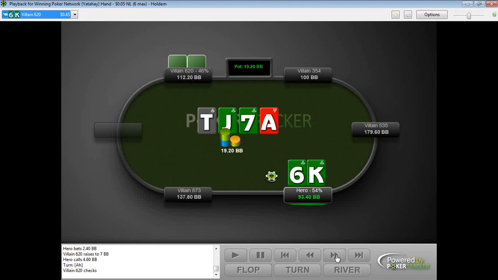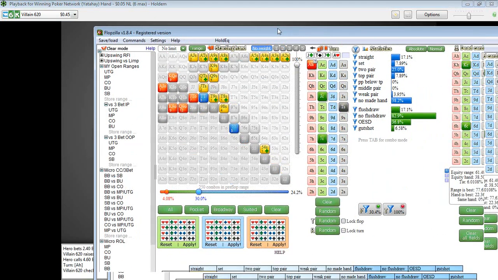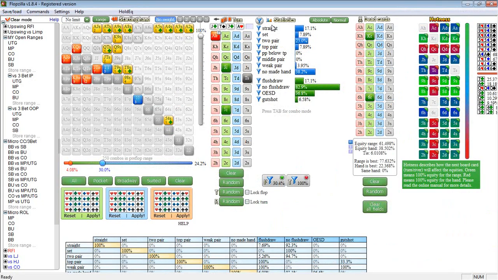But again, he raised. I think if he raises with his non-nut flush draws here, we can get him to fold. He'll fold his queen 10, 10 9, 10 8. Will he? I don't think he will.